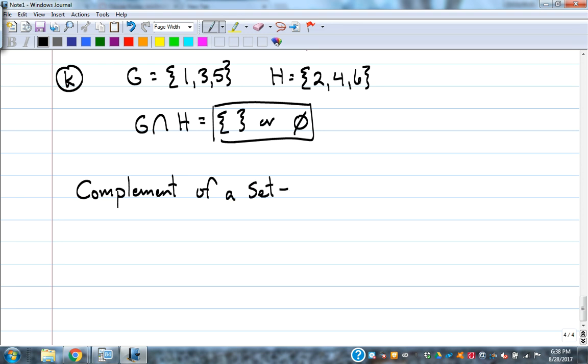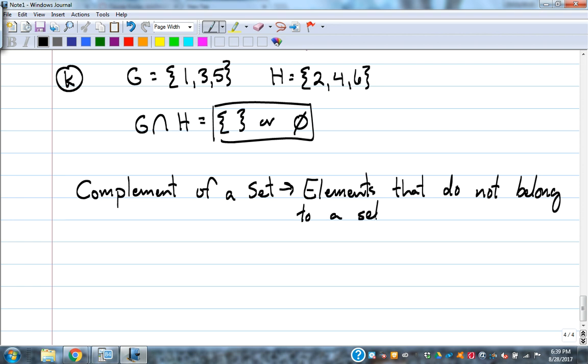The complement of a set: it's the elements that do not belong to a set, normally from a universal set, or larger set. We're dealing with a larger set of numbers, and out of that.